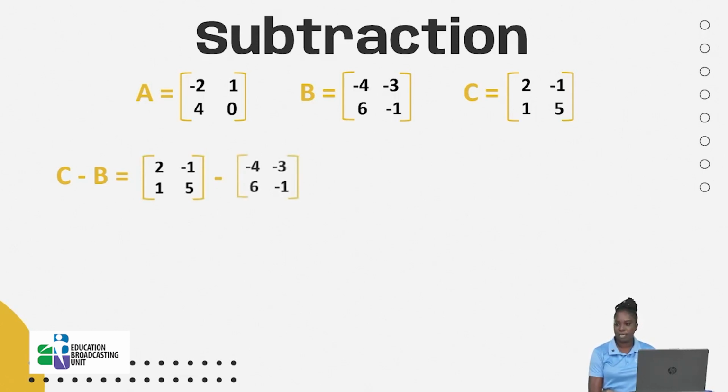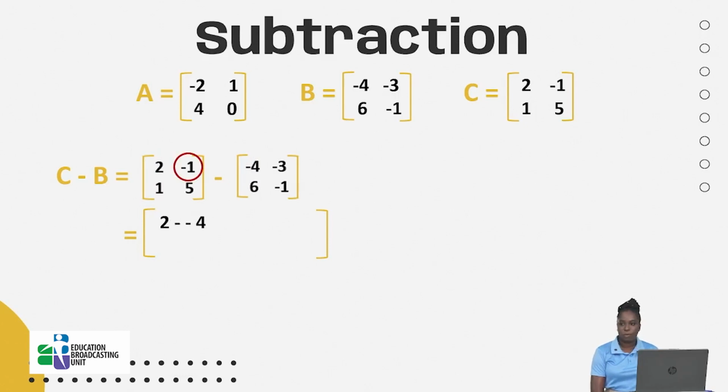And so B, we have to write the matrix B. And like we did previously, we are going to subtract now the things in similar positions or corresponding positions. And so we have 2 and negative 4. And so that is 2 minus negative 4. You cannot forget the operation. And so 2 minus negative 4. That gives us 2 negative signs coming together there.